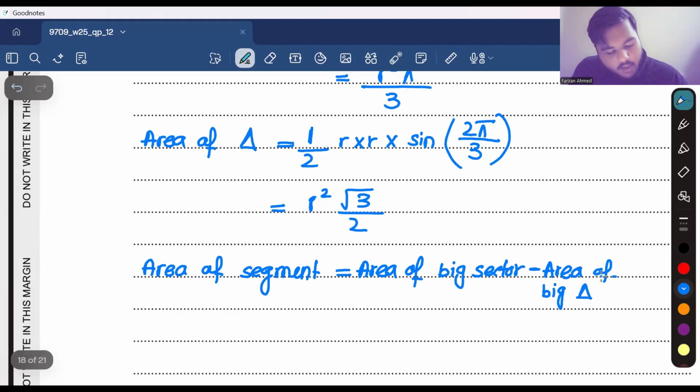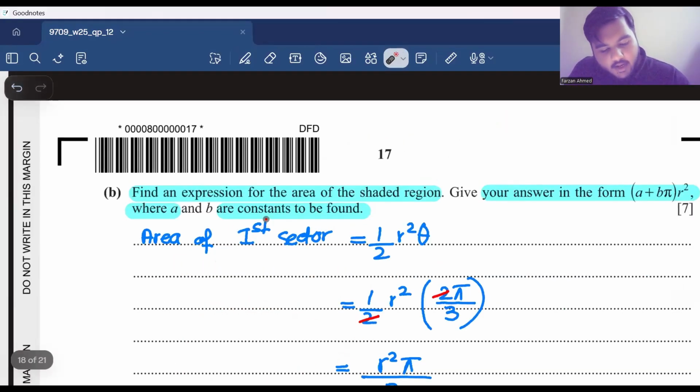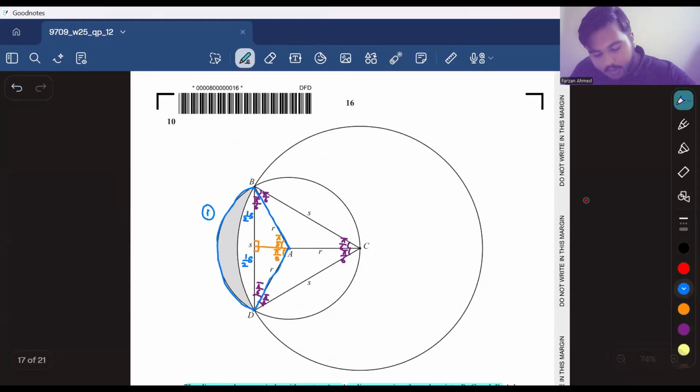Now where is the area of big sector? I'm telling you. Okay, in this segment, this thing is the segment. So for this we have to do area of big sector minus area of big triangle.